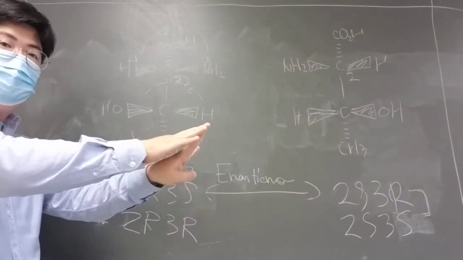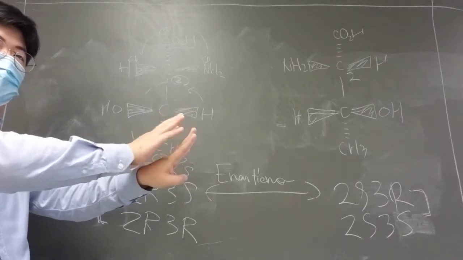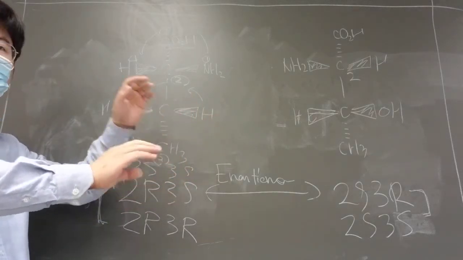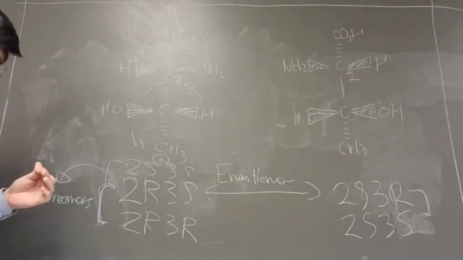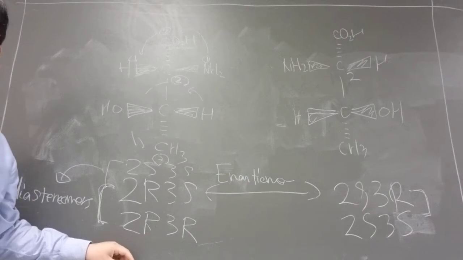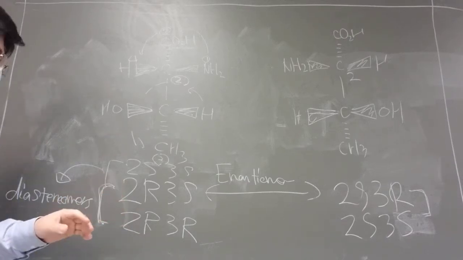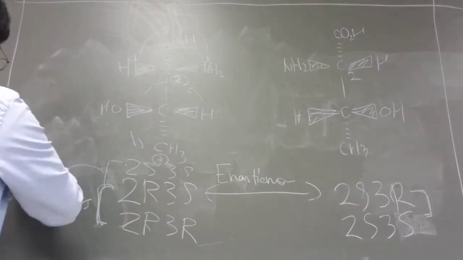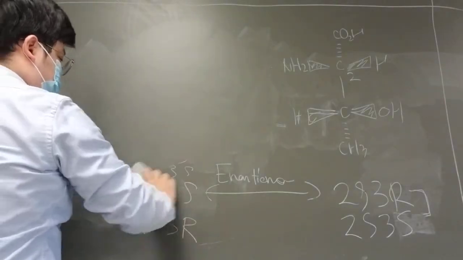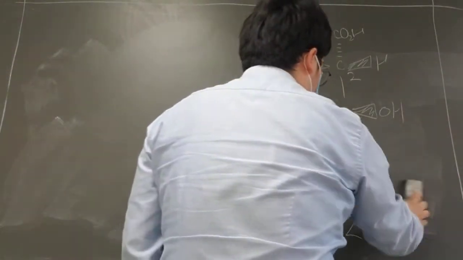But if they're all opposite on each chirality center, we call them enantiomers. This is how we can adjust your reasoning. Kind of makes sense. So I'll give you one more example.